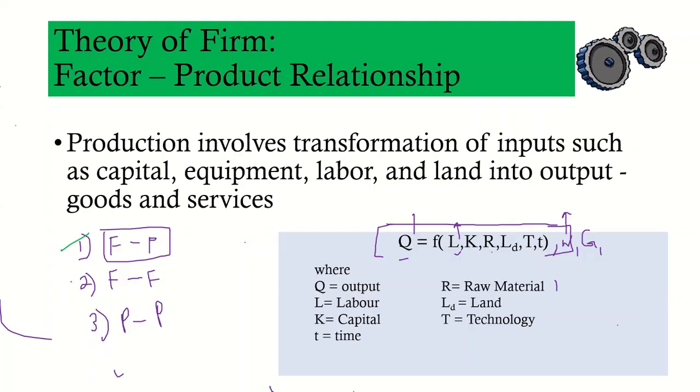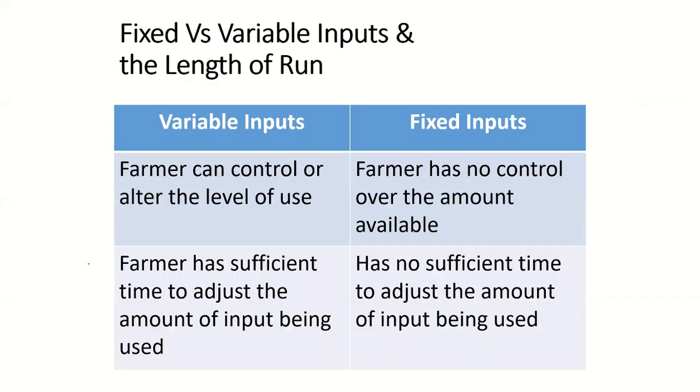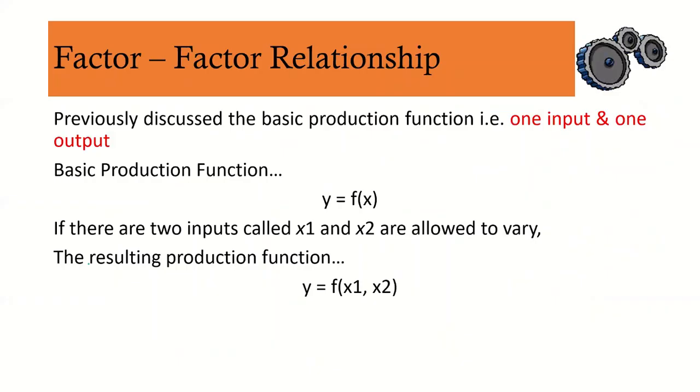So then that's done. Now we look at the second type, factor-factor relationship. Right? Factor-factor relationship. What are factors? Inputs. So we will look at the input-input relationship, the theory behind input-input relationship. Right.